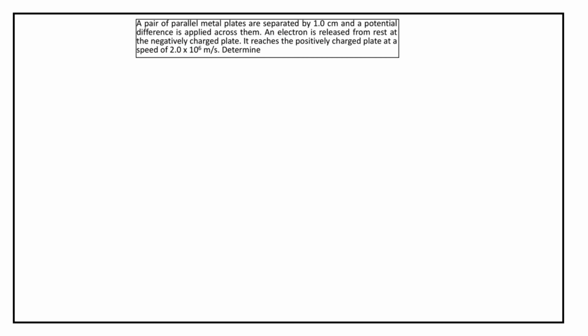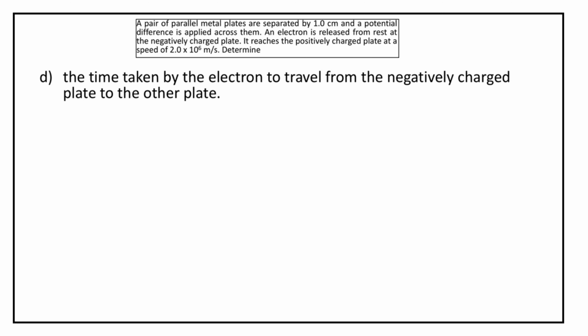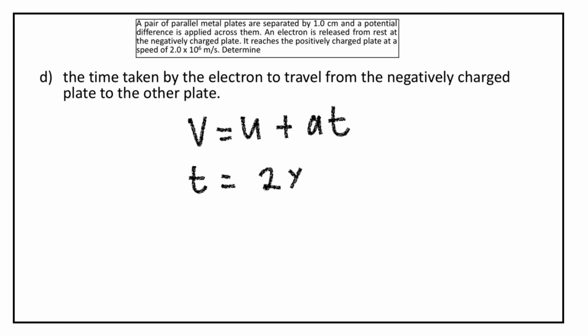So lastly, question D. The time taken by the electron to travel from the negatively charged plate to the other plate. We already found this t in the first question A. If you are using the conservation of energy, then you need to find t. How to find t? We can use the equation v equals u plus at, because we have v, u is at rest, 0, and we have a.